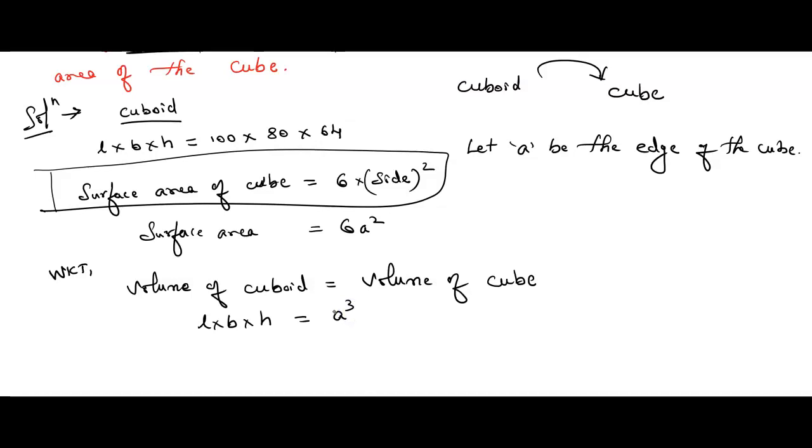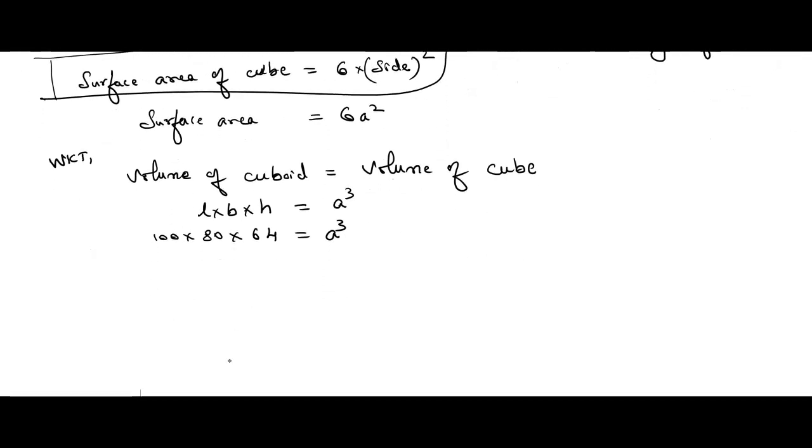Volume of cube is A cube. Now L into B into H is 100 into 80 into 64, that is equal to A cube. Now you understood from where we are getting the A value? Understood? Now can you multiply 100 into 80 into 64?